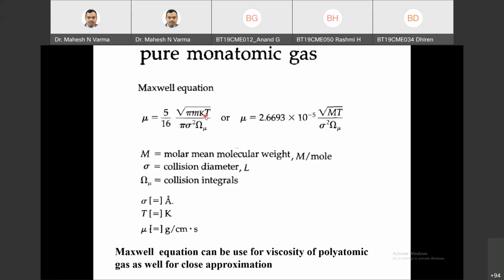Say you are not able to get the viscosity of water at 75 degrees. Water is a liquid which is used very well everywhere.